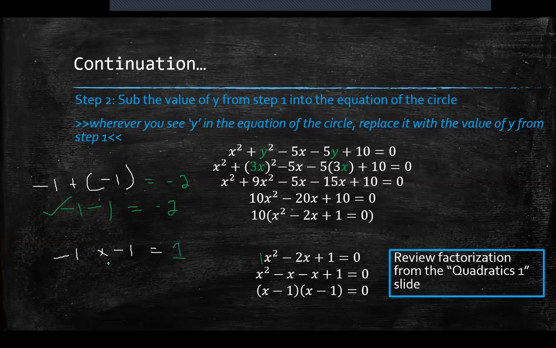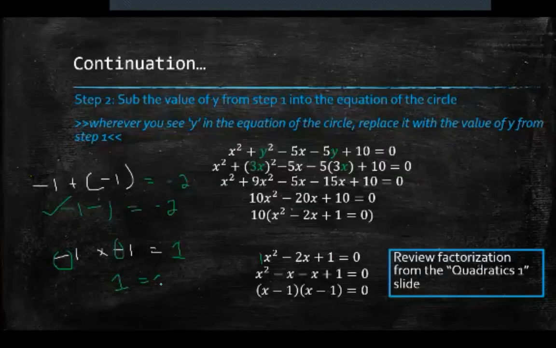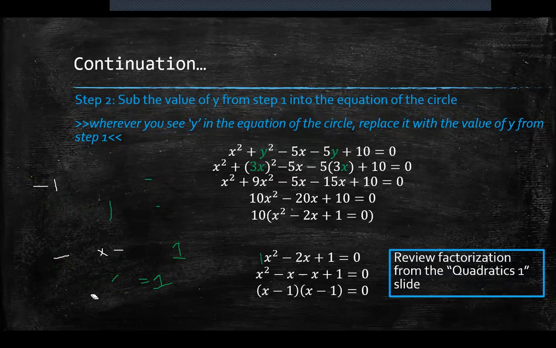And we know that -1 times -1, a minus and a minus is a plus. So 1 is equal to 1. Right, so we know that works. When you factorize that, you'll get the two factors. Both of them would be equal to x minus 1. So you use that to solve for x.